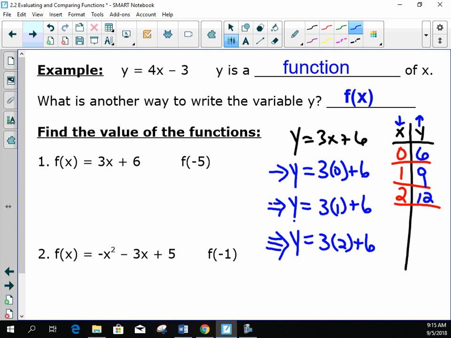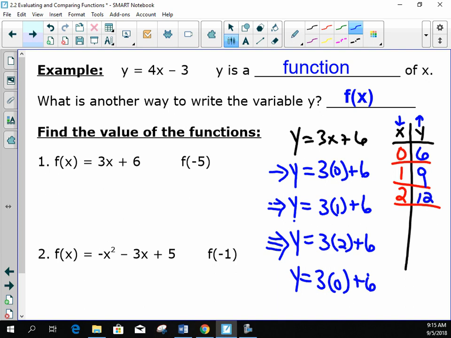So what is this? Remember yesterday we were saying if you have the same x values without the same y value, it's not a function? Because what that means is I cannot put 0 in for x, add 6, and come up with anything other than 6. If I do, you're not dealing with a function.